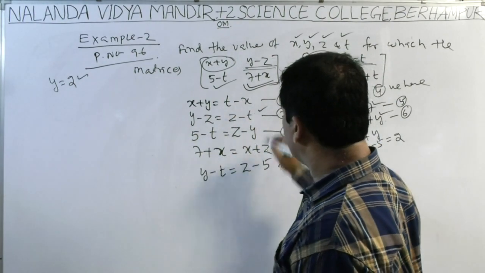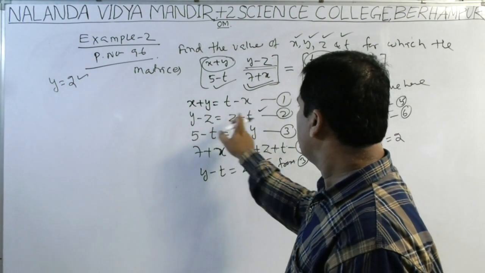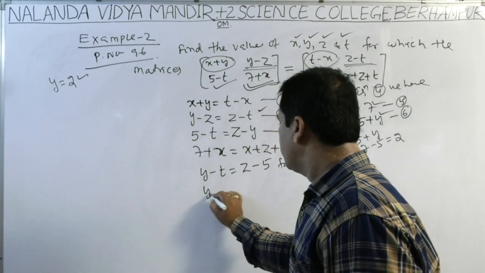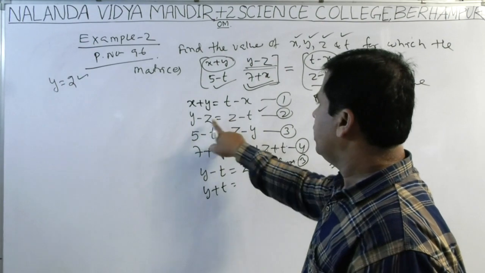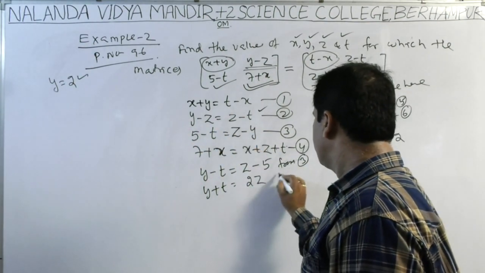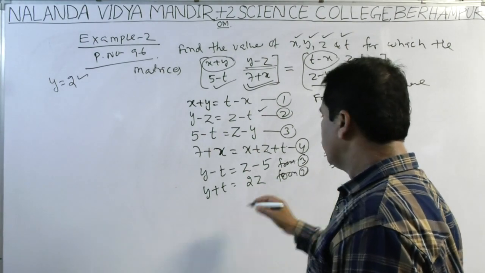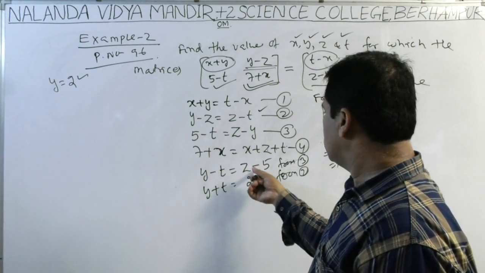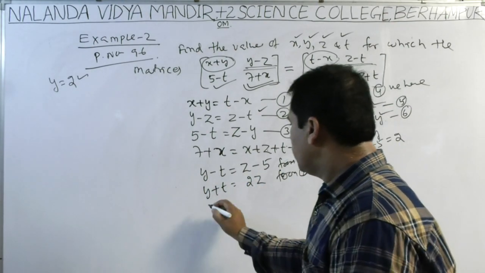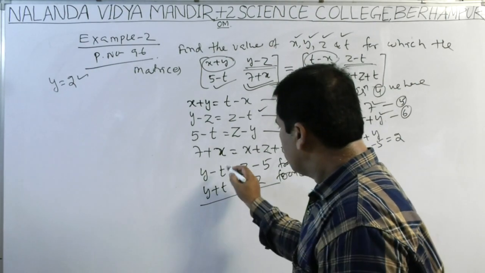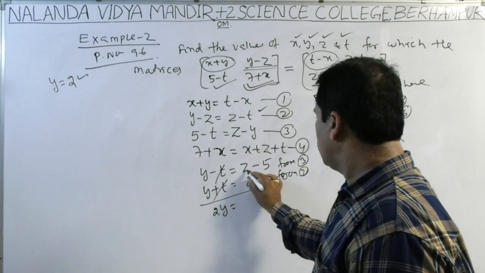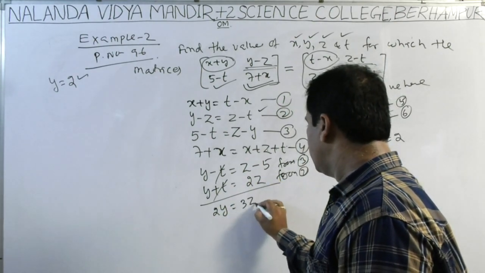And from equation 2, y minus z is equal to z minus t. Taking the terms to one side, y plus t is equal to 2z. Adding this to equation 7, the t terms cancel out, and 2y is equal to z plus 2z minus 5, that is 3z minus 5.